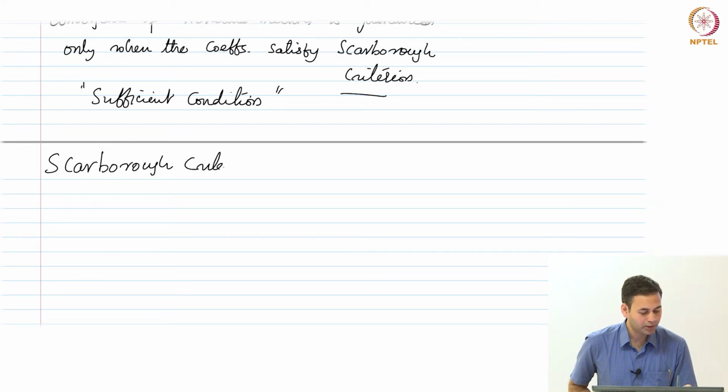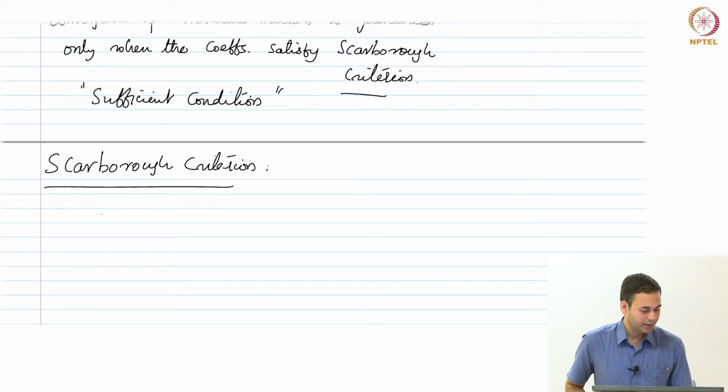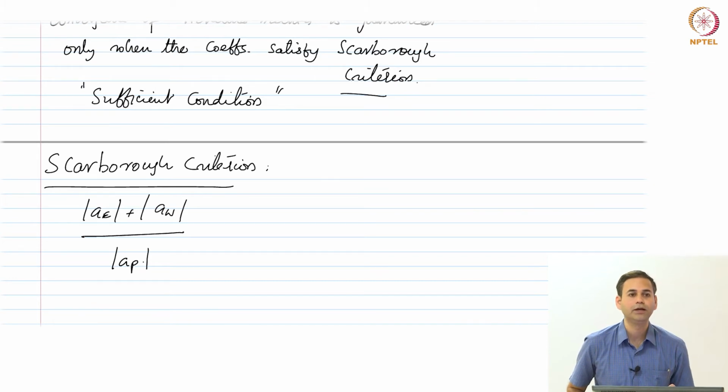Scarborough criteria says that the absolute values of the neighbors, that is absolute AE plus absolute A west, upon absolute AP. So, essentially we are looking at the absolute values of the coefficients of the neighbors, their sum, divided by the absolute value of the coefficient of the primary cell.